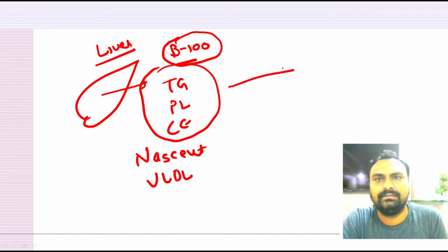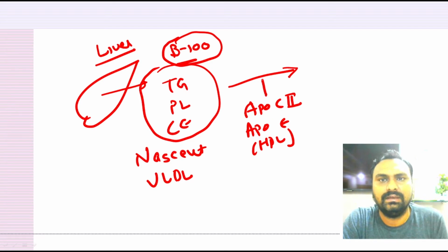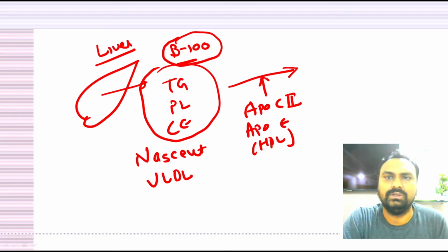Now it gets ApoC2 and ApoE from HDL. HDL will donate ApoE and ApoC2.